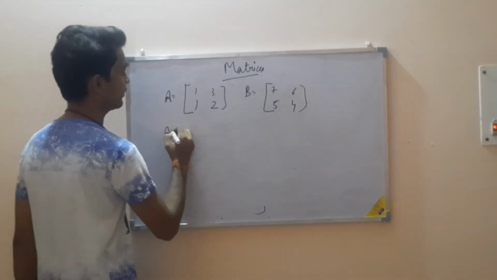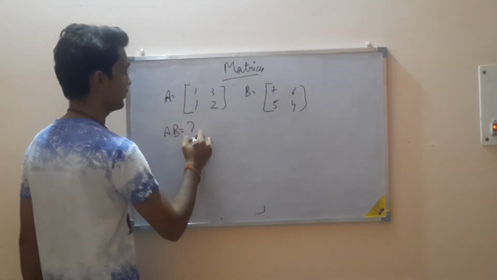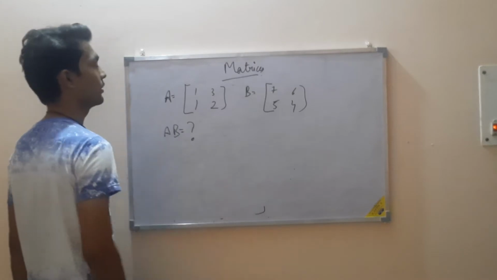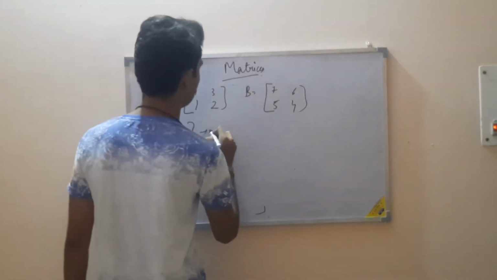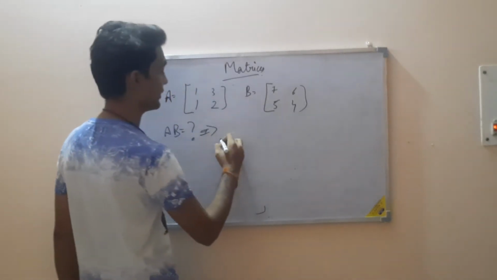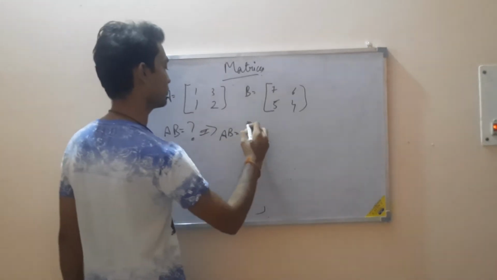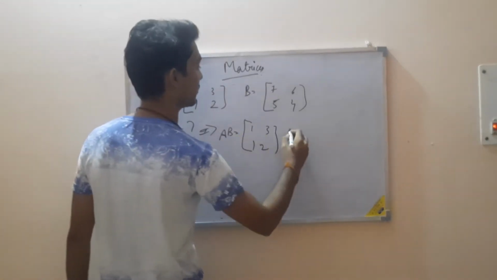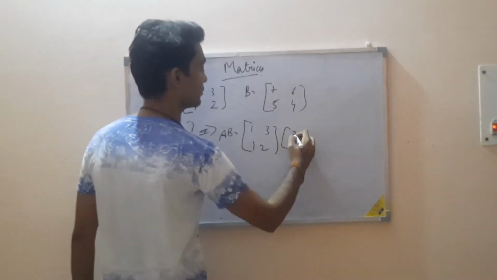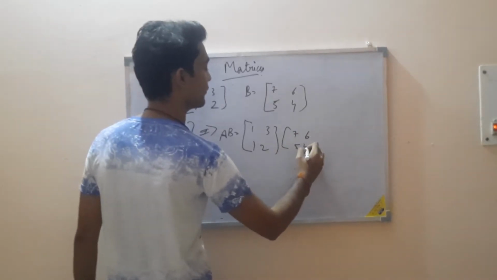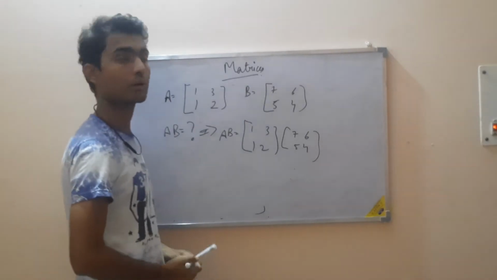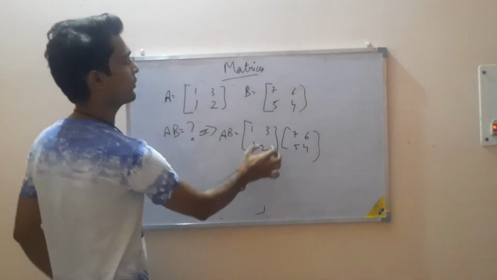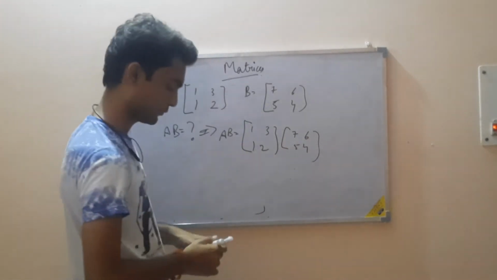We have to find AB. This implies that AB is equal to [1 3; 1 2] into [7 6; 5 4].